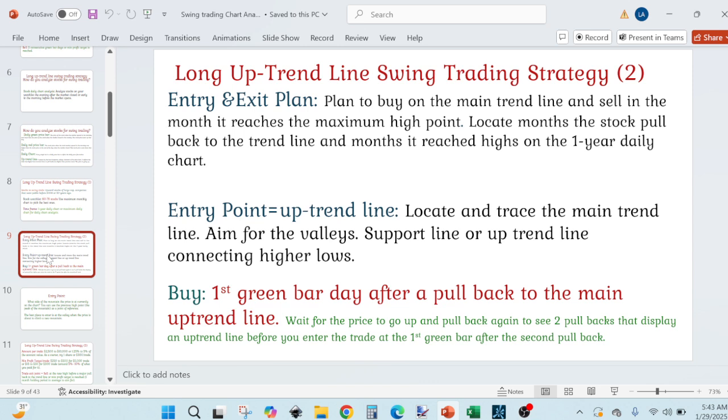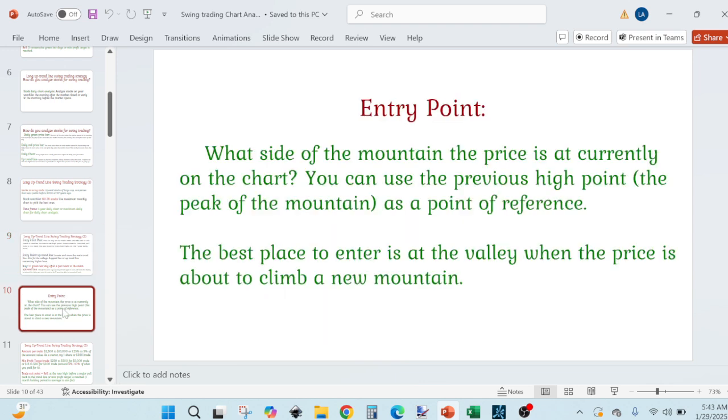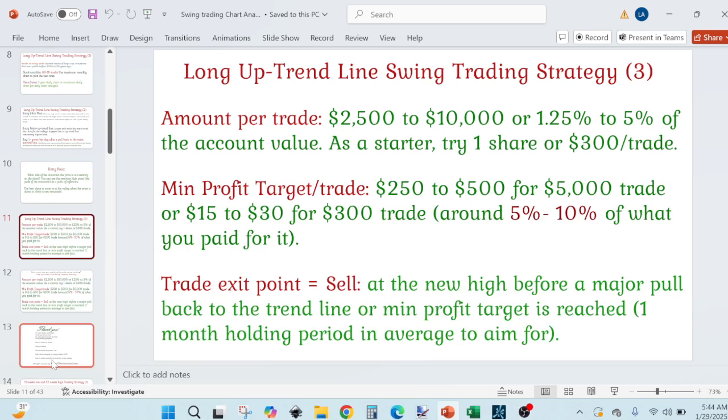Using the maximum daily chart, you will be able to see a bigger picture of the pattern the price is drawing. And you can go between 1 year and maximum daily chart if you have time. But just choose your entry point, and you can buy after you observe a few higher lows around the trend line you like to buy at.